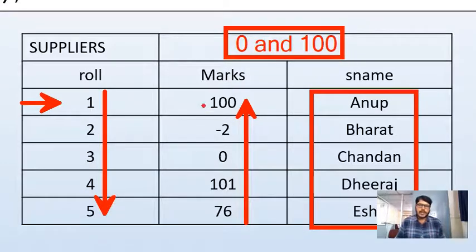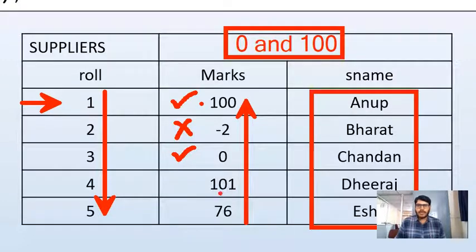So if I store 100, yes, of course it is lying in this particular range and it will accept it. Now look at the second record here, -2 I am trying to insert, which is out of range. So in this case, it will not include this particular record. And if I try to store a 0, 0 is lying within the range. As you can see here, the minimum value I can assign for marks is 0. It is acceptable. It will insert this record.